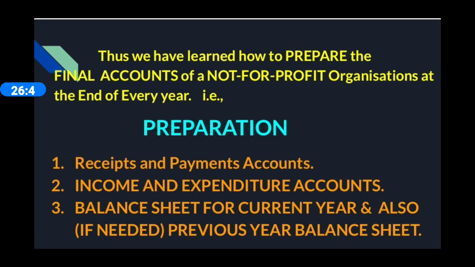So receipt and payment account is the first step, income and expenditure account is the second step. After that, finally we have to prepare the current year balance sheet. But sometimes, if any opening or previous year item is missing, we also prepare the previous year balance sheet. Okay.